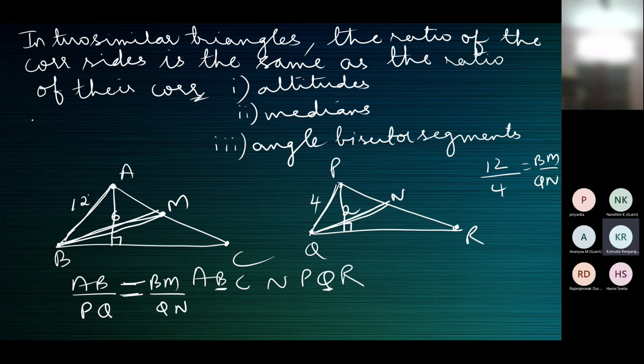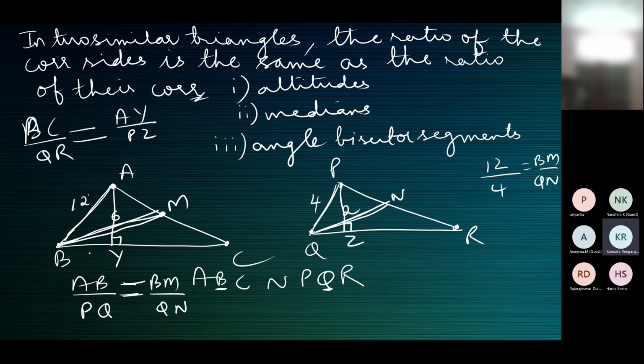So again, the ratio of the corresponding sides, you can take anything. You can take BC by QR also. Any ratio you can take, AB by PQ, BC by QR, AC by PR. So the ratio of the corresponding sides is the same as the ratio of the corresponding altitudes. If I call this Y and Z here, the corresponding altitudes are AY and PZ.